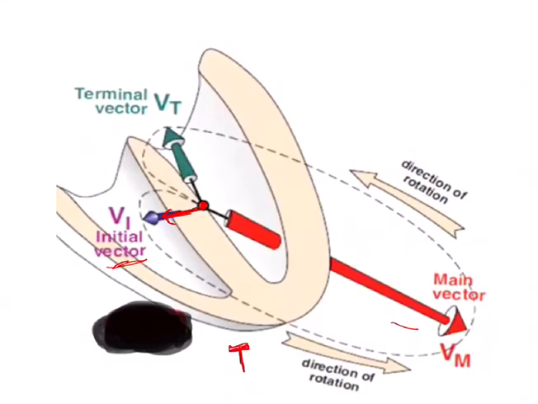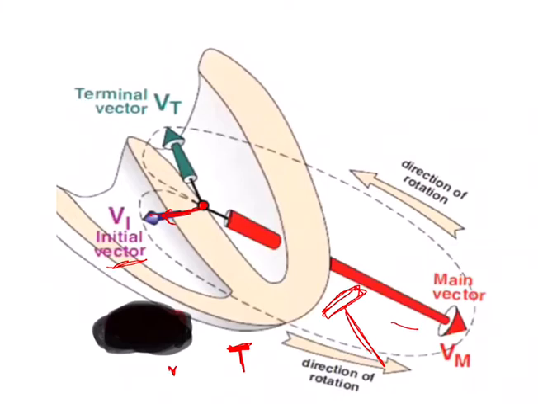If we place a lead here, because it is a cross section, we will see that the impulse is moving away from this lead. So the initial deflection we will get like this, a small Q wave.